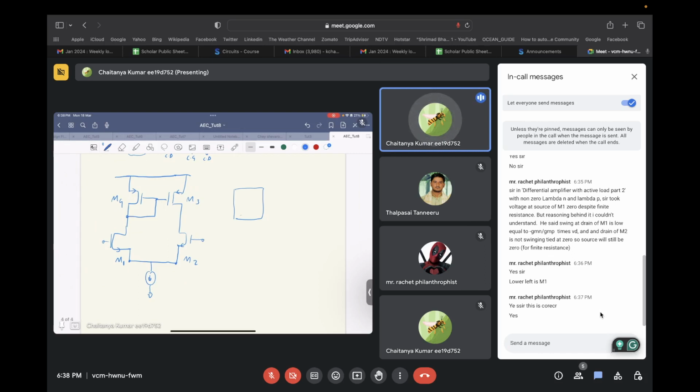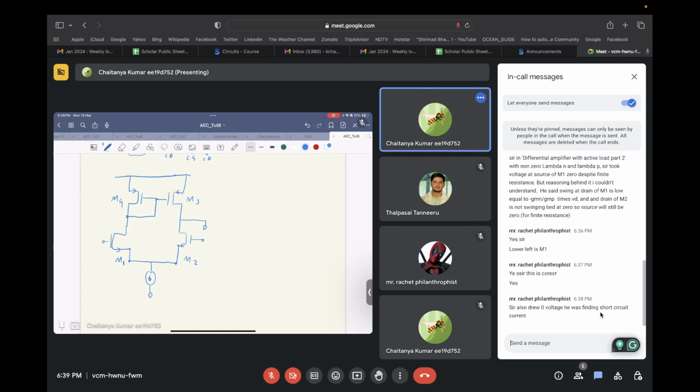Is it grounded over here like this? So you want to find out, are you talking in this fashion? Sir also drew zero voltage where he was finding the short circuit current. Okay, okay.